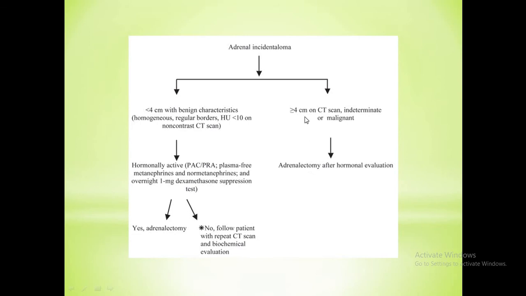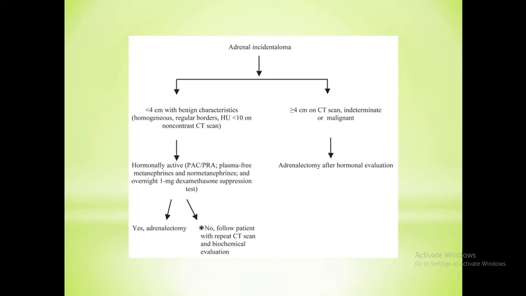So if it's more than 4 centimeter on CT, or indeterminate or malignant, you go for the surgery. If it is less than 4 centimeter with benign characteristics, which I'll again explain to you in the coming slides, these are a homogeneous character with regular borders and Hounsfield units less than 10 on a non-contrast CT.